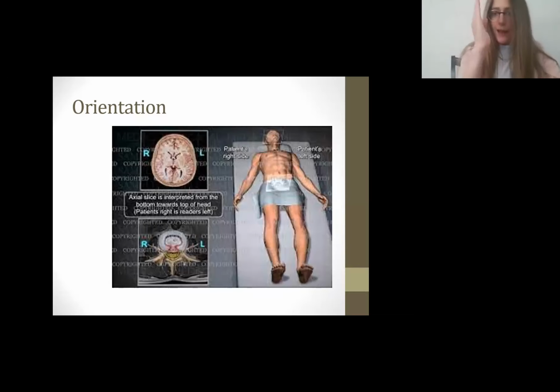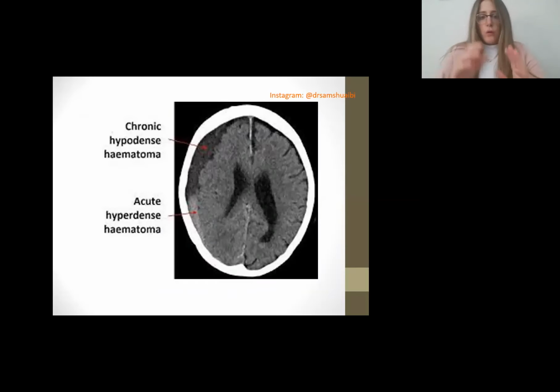My right hand is equal to the left side of the brain, and my left hand is pointing to the right side because I'm standing at the foot of the patient, and the cut is coming like this, exactly like the image. If you didn't understand, you can ask me at the end of the lecture. I don't mind explaining. Okay, so why did I put this picture?